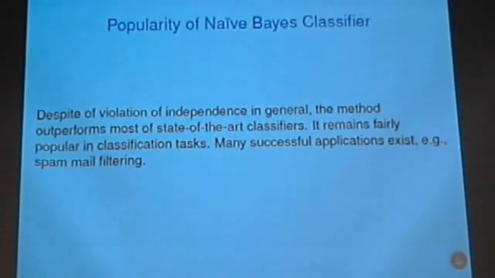This is what was claimed in the literature, that it works pretty well in many instances. But still, it's good that we use these methods along with other methods and compare the results, not just rely on a particular method.